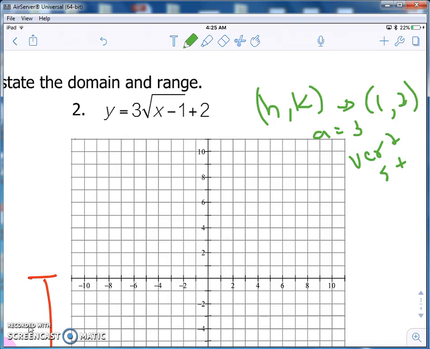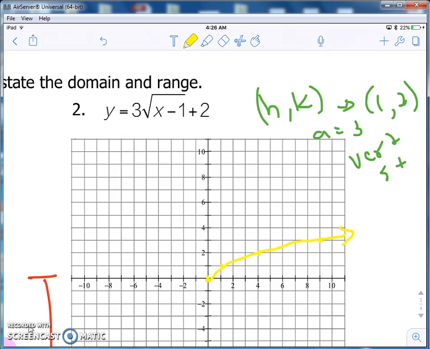If I look at the parent function, let's do that one in yellow again. The parent function starts at 0, 0, and it's 1, 1, 4, 2, 9, 3. This is the inverse of our quadratic function. It looks something like that.